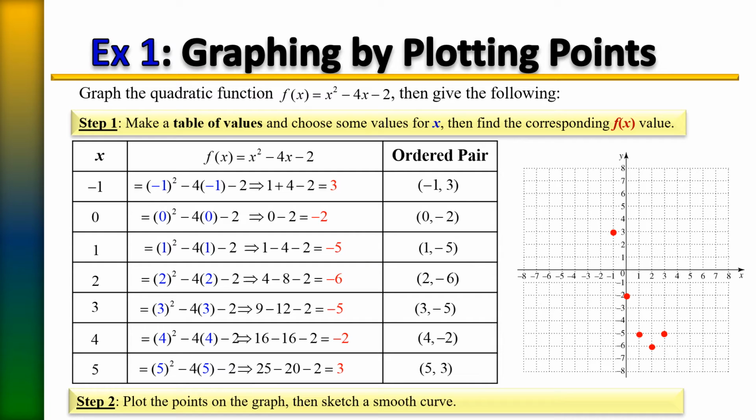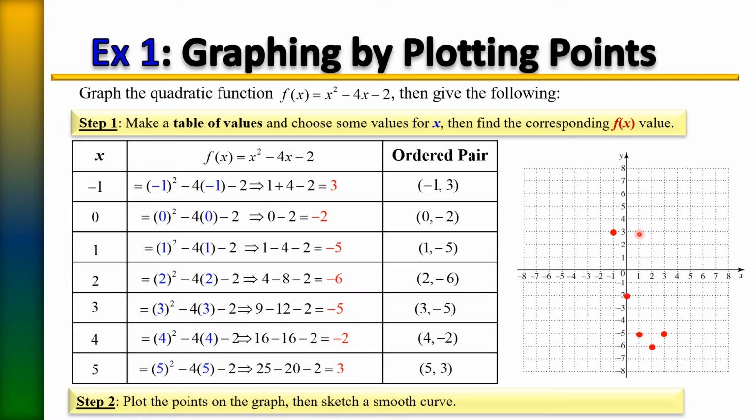Once you find out what your vertex is, the other points, you can even find those symmetrically because our axis of symmetry is at 2, which means that if this point is 1, 2 to the left, there's also going to be a point 1, 2 to the right. The same for the other point that's up.